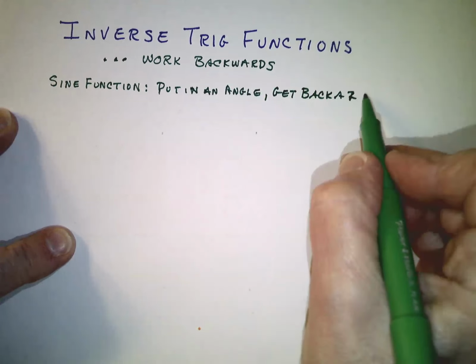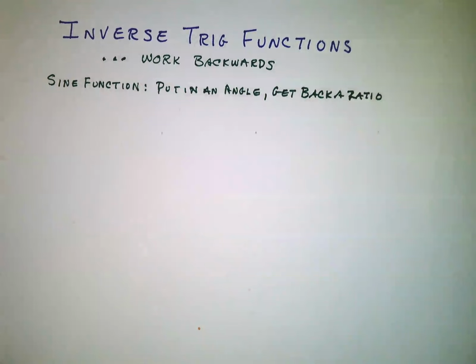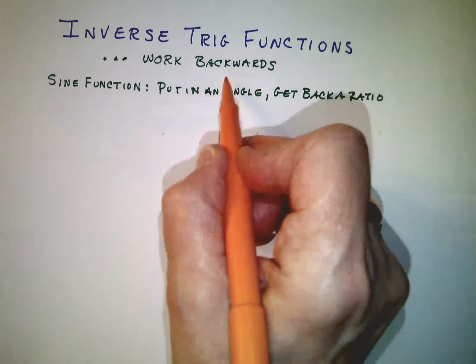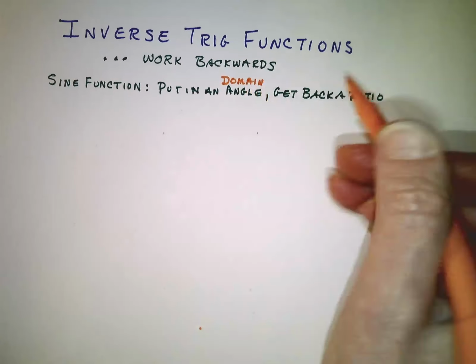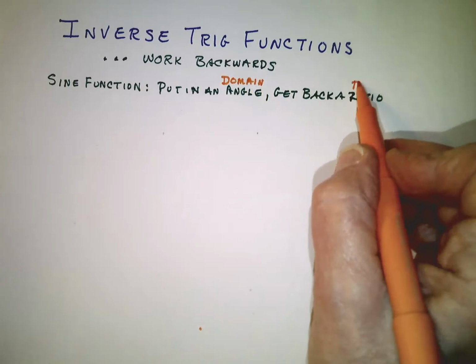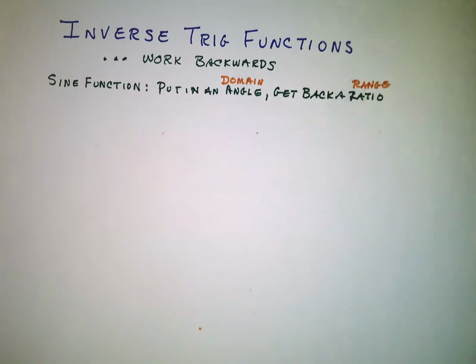A ratio that's between -1 and +1. So whatever angle we put in, that's a member of the domain. And whatever angle we get back, whatever ratio we get back, those are all members of the range for the original sine function.